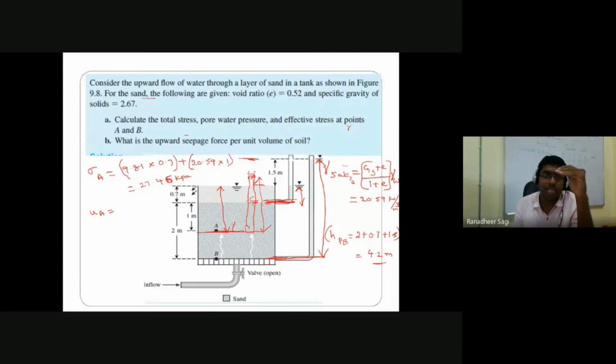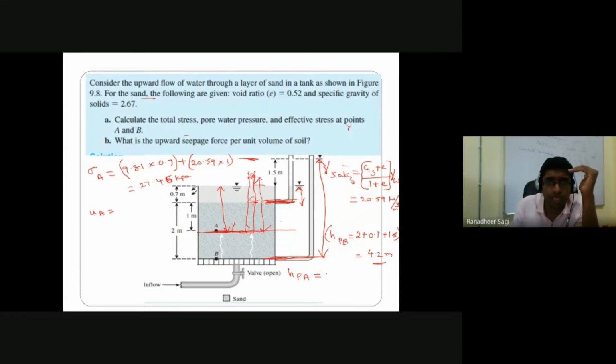So as point A is at a mid distance between point B and point C, the pressure head value at point A is very simple, which I can refer to as the average value between point B and point C. Or in the other way, just look here: the pressure head at point A is equal to the height the water got raised in the standpipe.